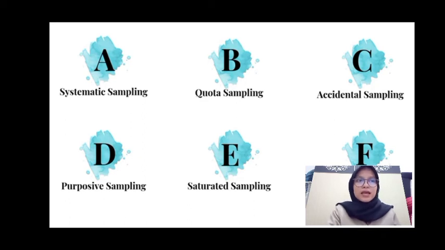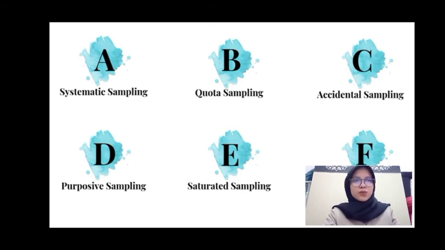Accidental sampling is a sampling technique based on chance, where anyone who happens to meet a researcher can be used as a sample, if it is deemed that the person who happened to be met is suitable as a source of data. In an accidental sampling technique, sampling is not determined in advance. The researchers immediately collect data from the sampling unit.